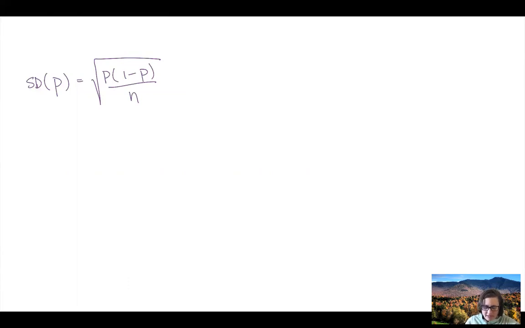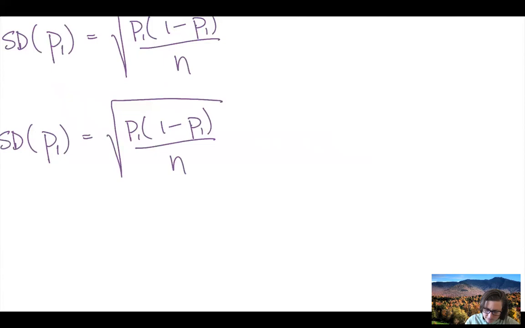Now the problem is I've got a P1 and a P2. I also have two different sample sizes, so I want to make sure I've got an N1 and an N2.